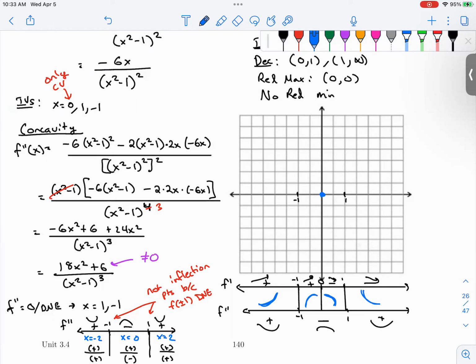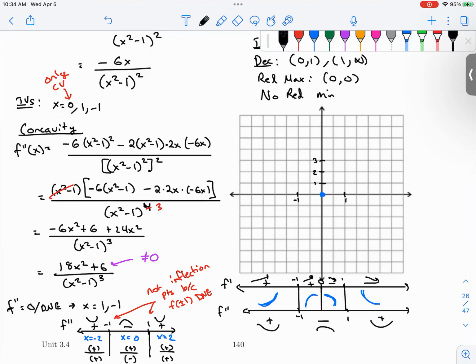What I normally do first, and I didn't do it, what I should have done is I should have drawn my asymptotes first. But I'm going to make every tick mark here vertical tick marks, increments of 1. It doesn't matter to do it in increments of 2. You could do that. It's not wrong.